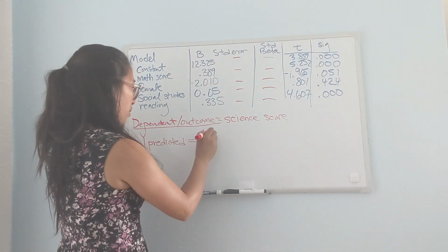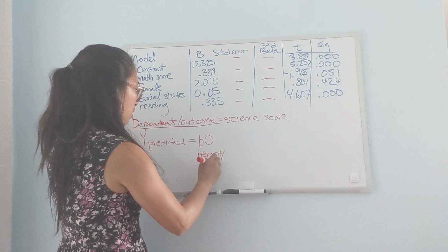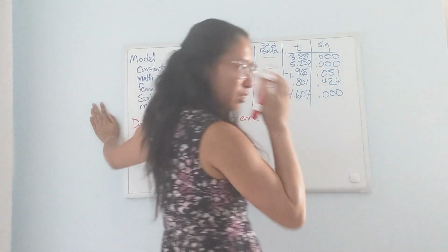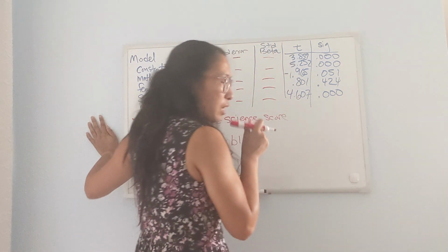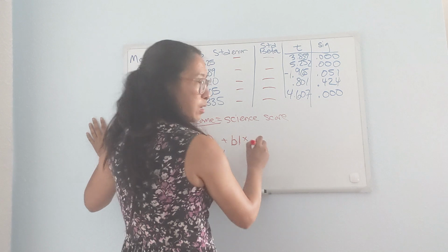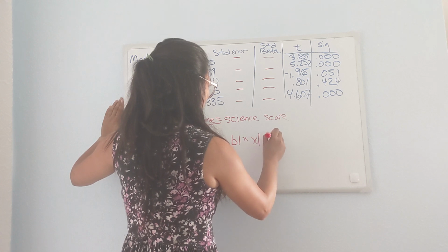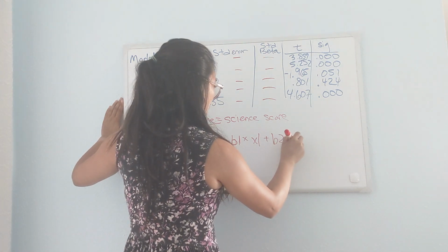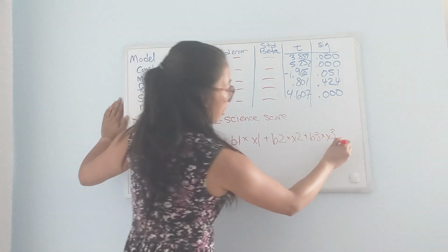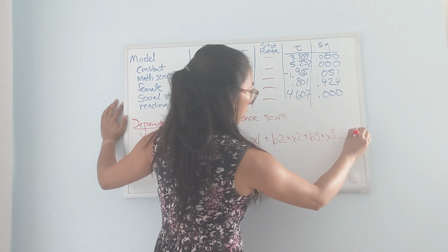So B0 is the intercept, or constant, plus B1 times, whatever the weight of that variable, so B1 times x1, which is the variable, plus B2 times x2 plus B3 times x3, and so on to Bn times xn.